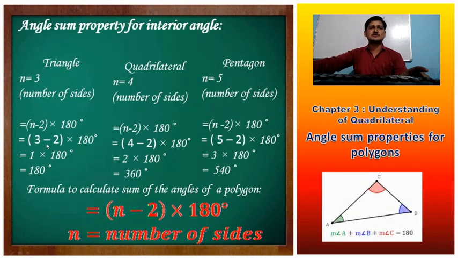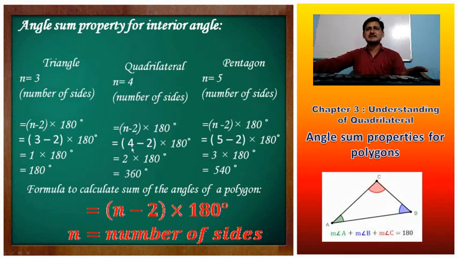When we subtract 2 from 3, we find 1, and when we multiply these, we find 180 degrees. So the sum of the interior angles of a triangle is always 180 degrees. What about a quadrilateral, where the number of sides is 4? So (4 minus 2) into 180 degrees. When we subtract 2 from 4, we get 2. 2 into 180 degrees is equal to 360 degrees. It means the sum of the interior angles of a quadrilateral is always 360 degrees.